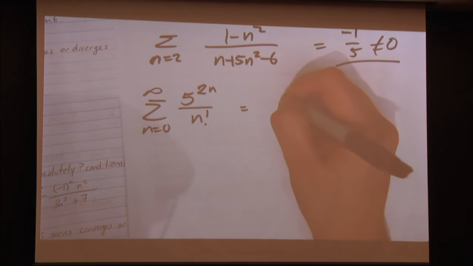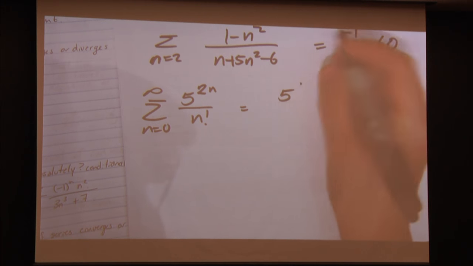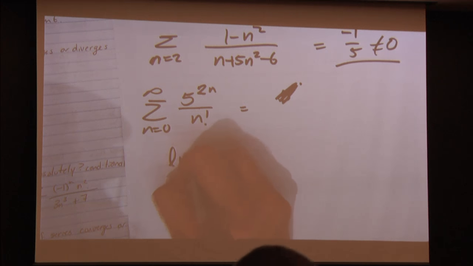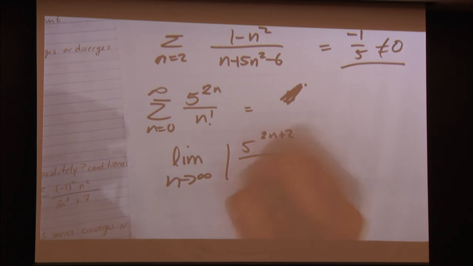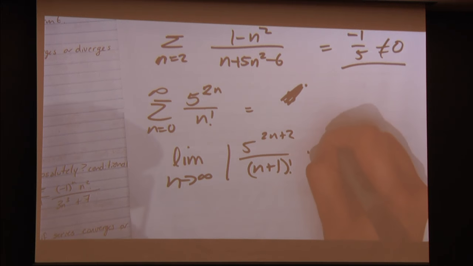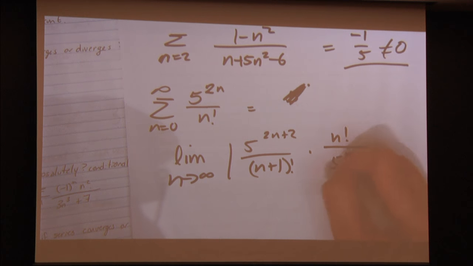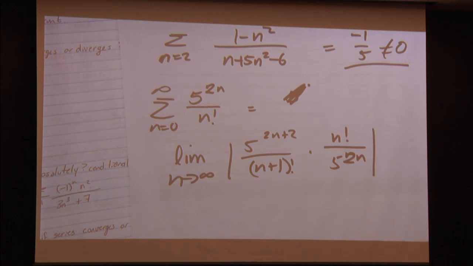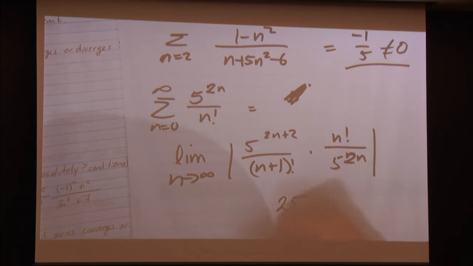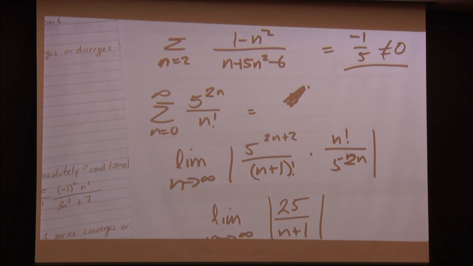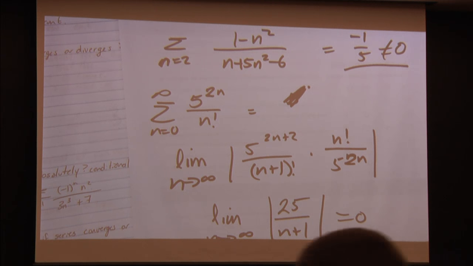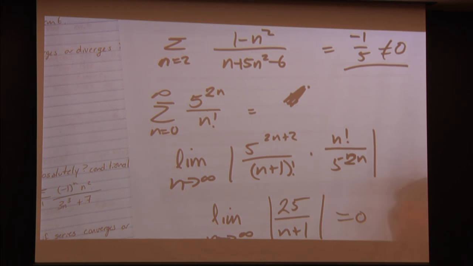I know, bad day. Sorry. So, if we want to do the limit as n approaches infinity for 5 to n plus 2 over n plus 1, infinity by n infinity, 2n, we end up with 2 5s left over and n plus 1 in the bottom. Which is equal to 0. So it's always convergent because it's less than 1.